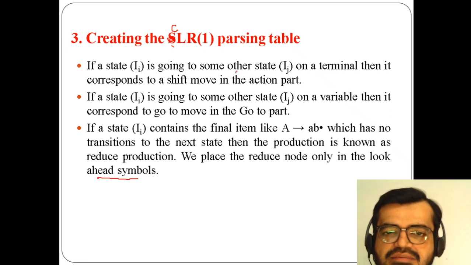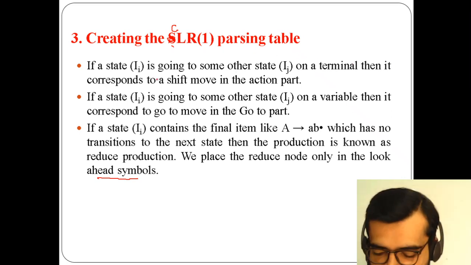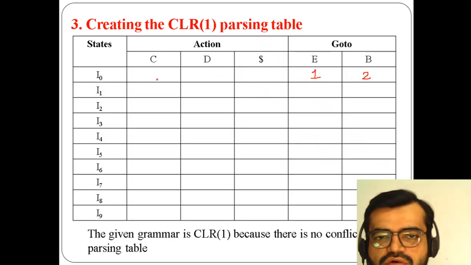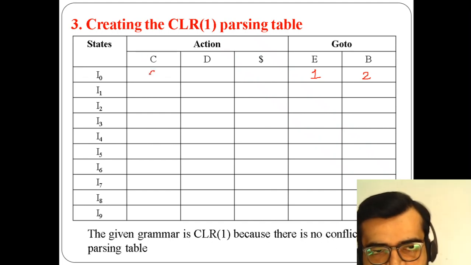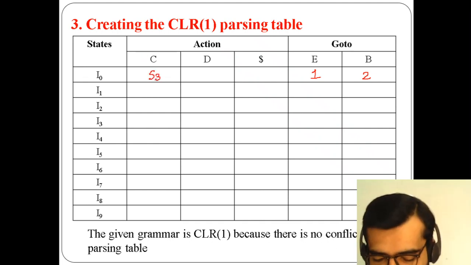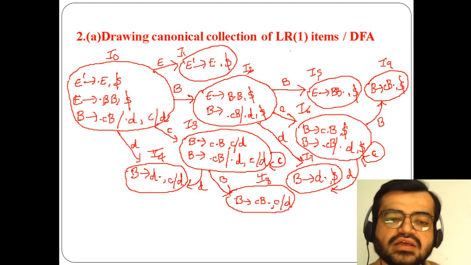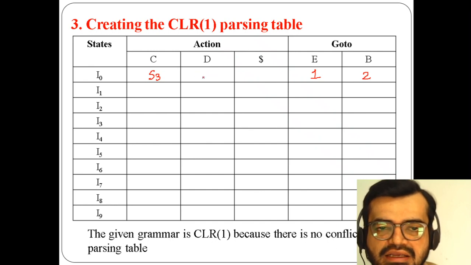For terminals we have to use the shift operation. Since c is a terminal, I write S3 here, because it goes from I0 to I3. Similarly for d, I0 to I4, so I write S4 here.